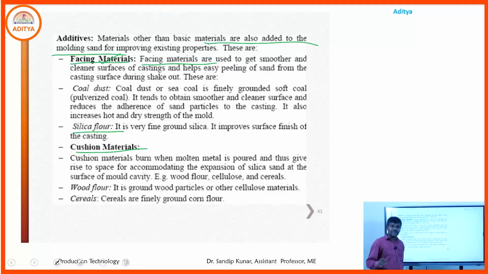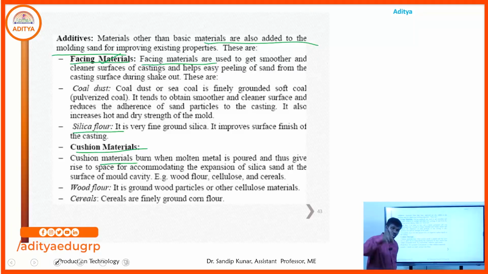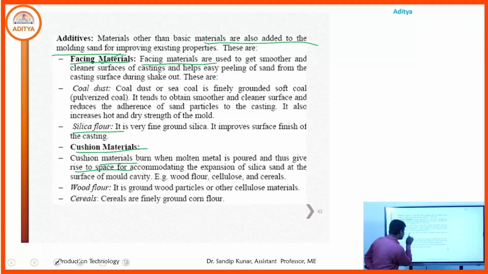When we burn the cushion materials as molten metal is poured into the mold cavity, this gives rise to space for accommodating the expansion of the silica sand at the surface of the mold cavity.